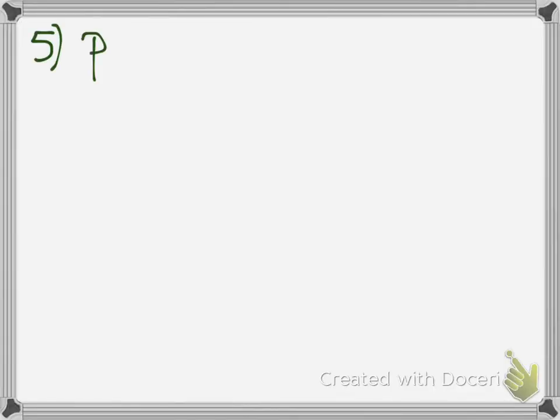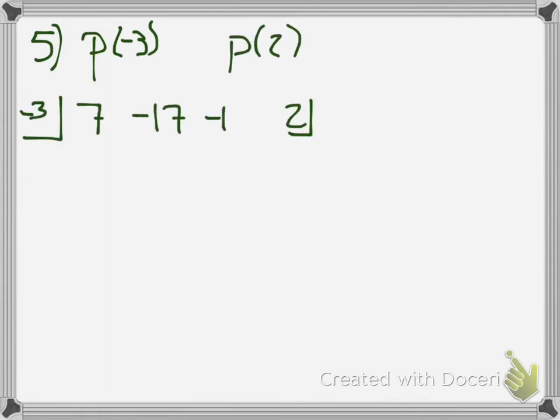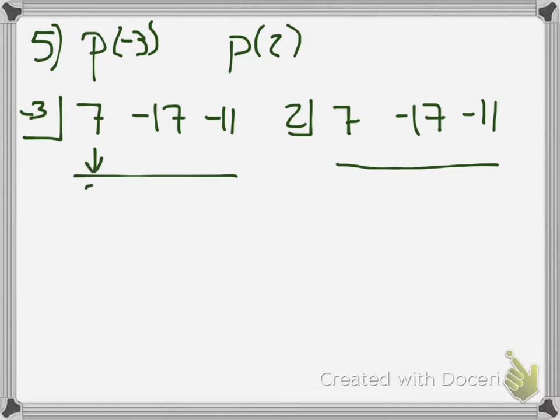Okay, number 5, you have to do synthetic substitution. So you put the numbers in. I'm going to slow this down just a little bit and let it play from there. You can see you bring them down and try to find the number that's going to be the remainder. That's the answer you care about.